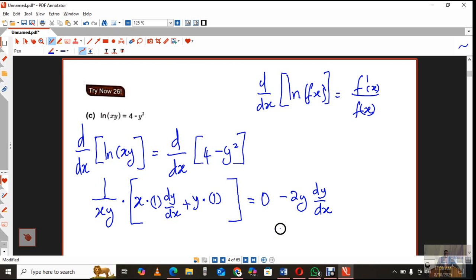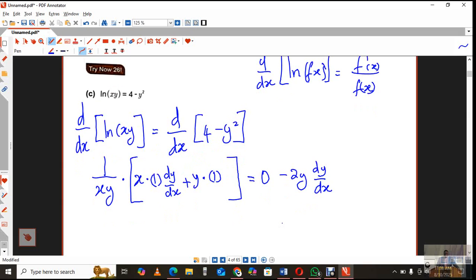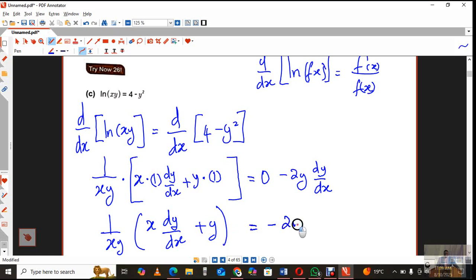Okay, so we can just as well clean up the bracket. Now remember, everything here should multiply with everything inside the bracket, so let's just keep it first.